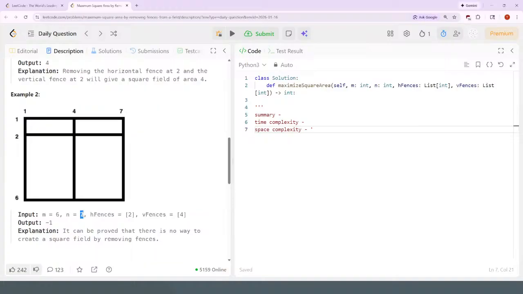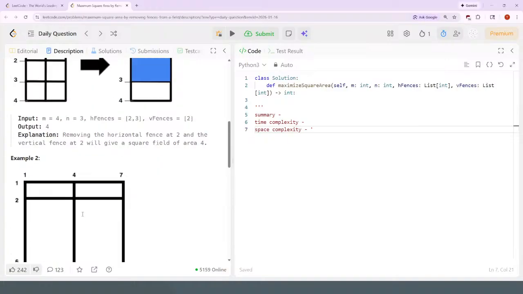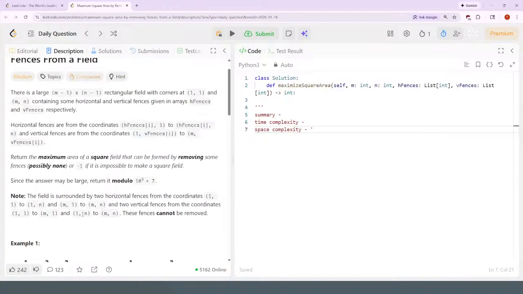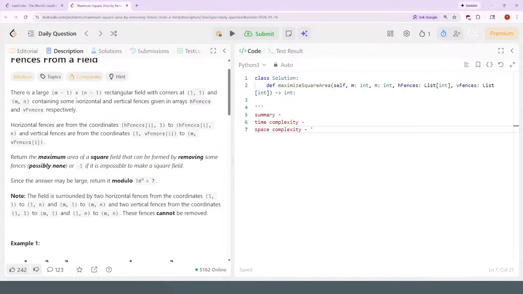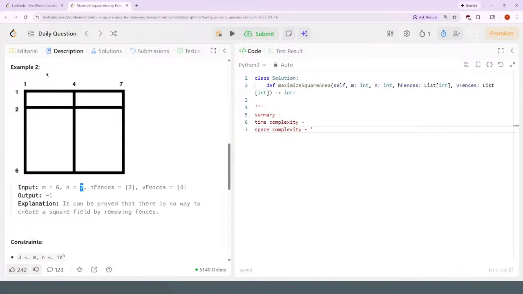M is 6, n is 7. Is it automatically filled in the middle? No, yes. So here it's not automatically filled. I think yesterday it was automatically kind of every horizontal and vertical was already there. Is that right?